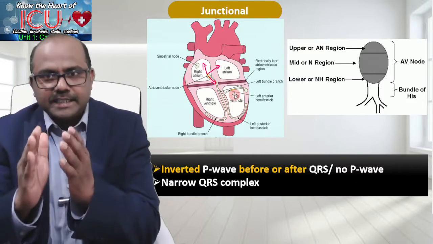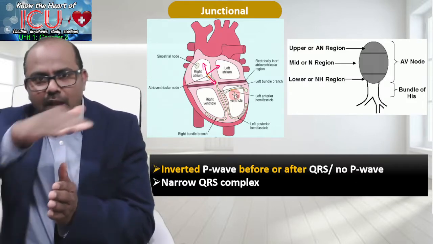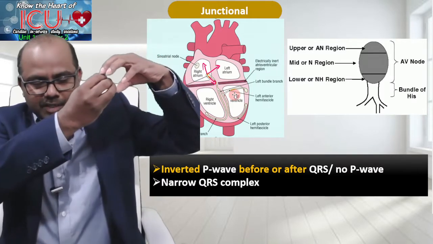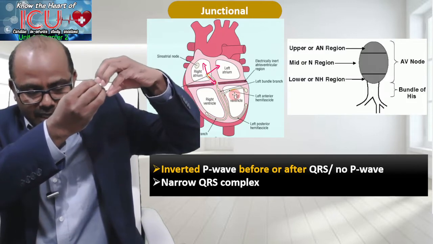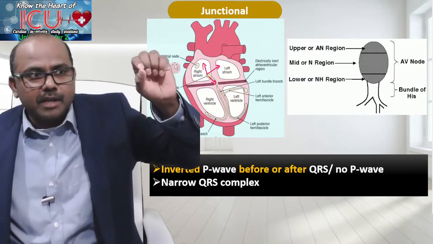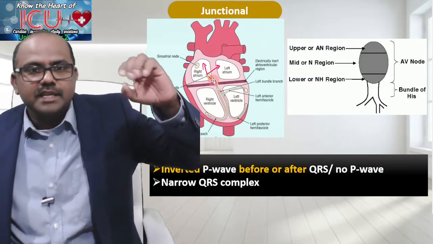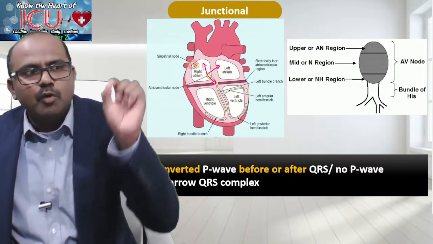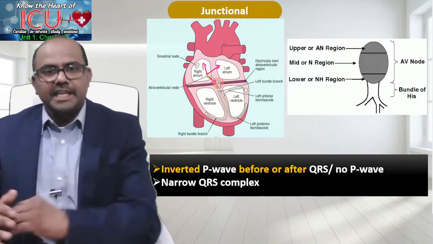So when it comes to the high nodal rhythm, you have an inverted P wave, because instead of traveling from the higher part of the heart to the lower part, the impulse is moving upward from the AV node to the atria.